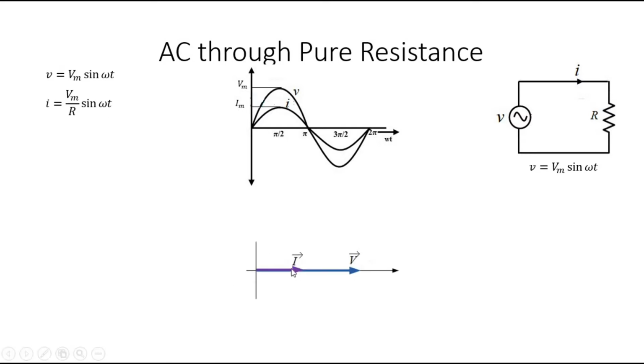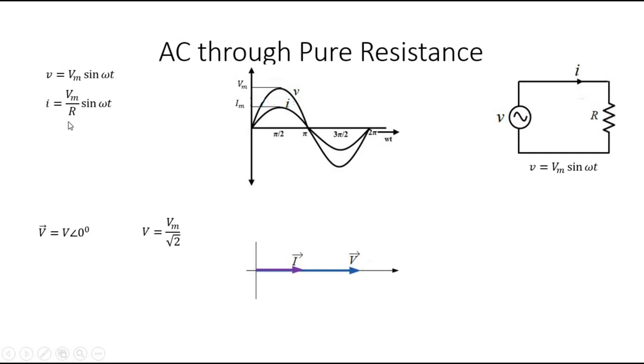Vector V and vector I will have 0 phase with the reference line, and the vector V can be represented with magnitude as the RMS value of voltage, and angle as 0. So V angle 0, where V is the RMS value of the voltage, which is Vm by root 2.